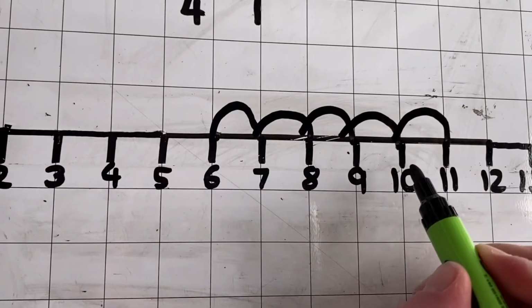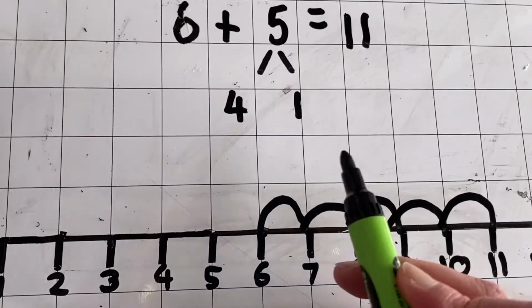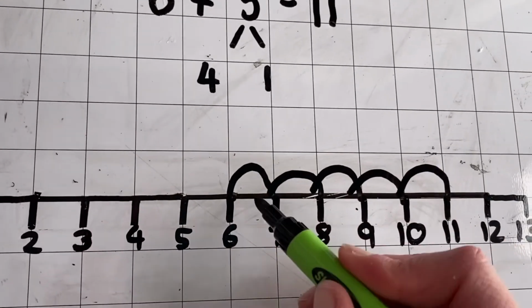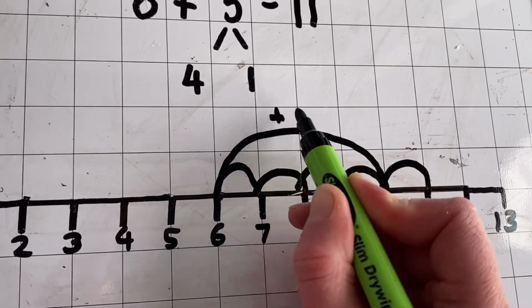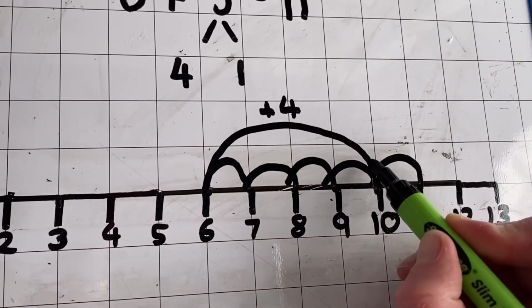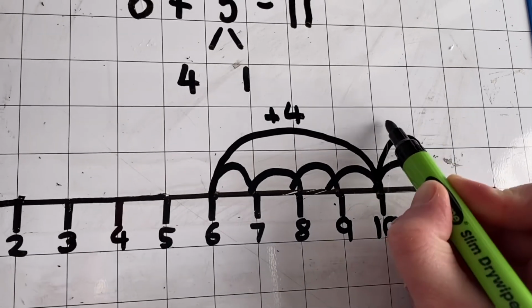But because we're bridging past 10, children may want to use 6 add 4 and then add the 1.